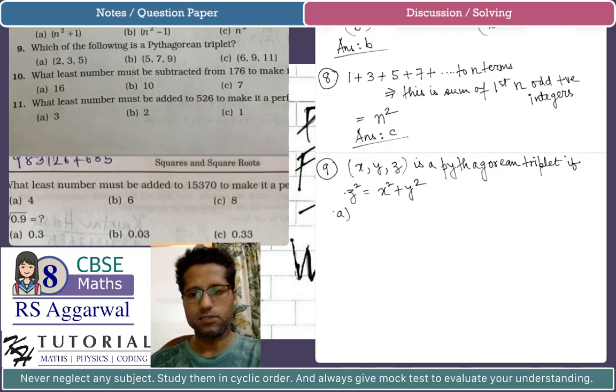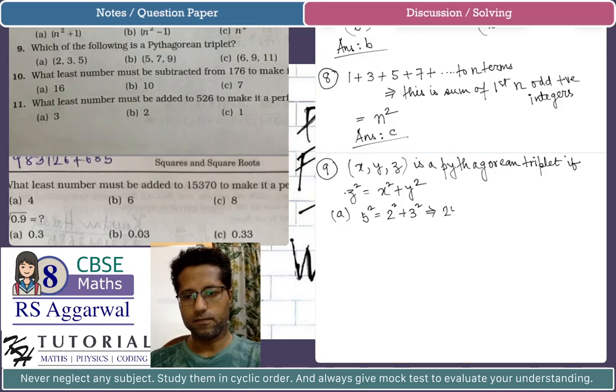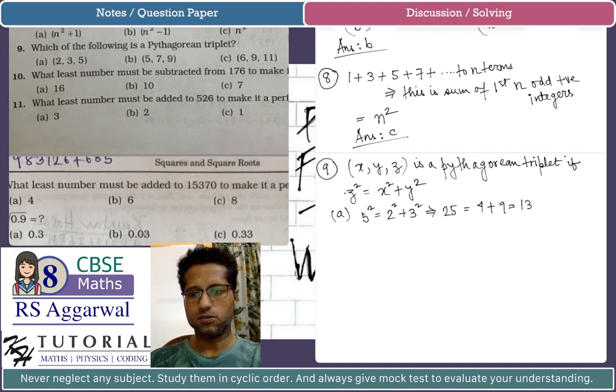Now let's see choice A. Do we have 5 square equals 2 square plus 3 square? This implies 25 is equal to 4 plus 9, which is 13. This is wrong. So 25 is not equal to 13. Choice B. The given triplet is 5, 7, 9.